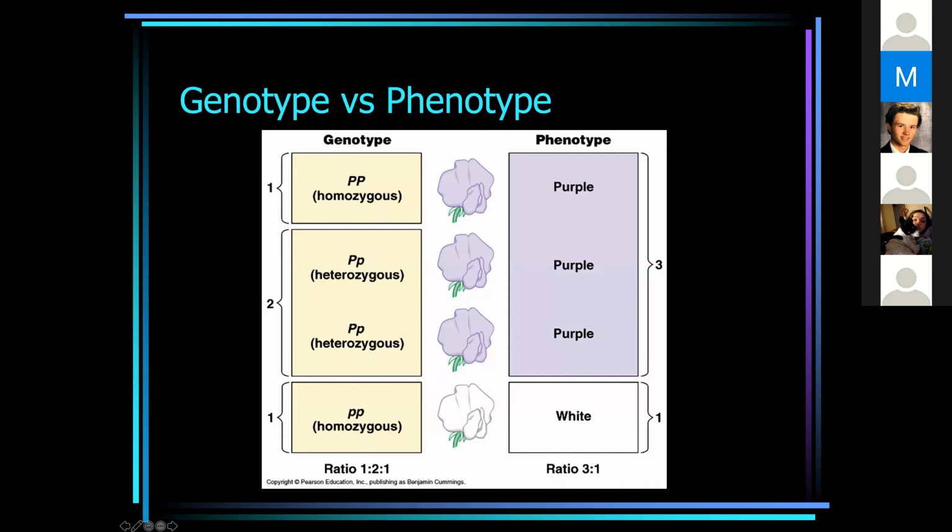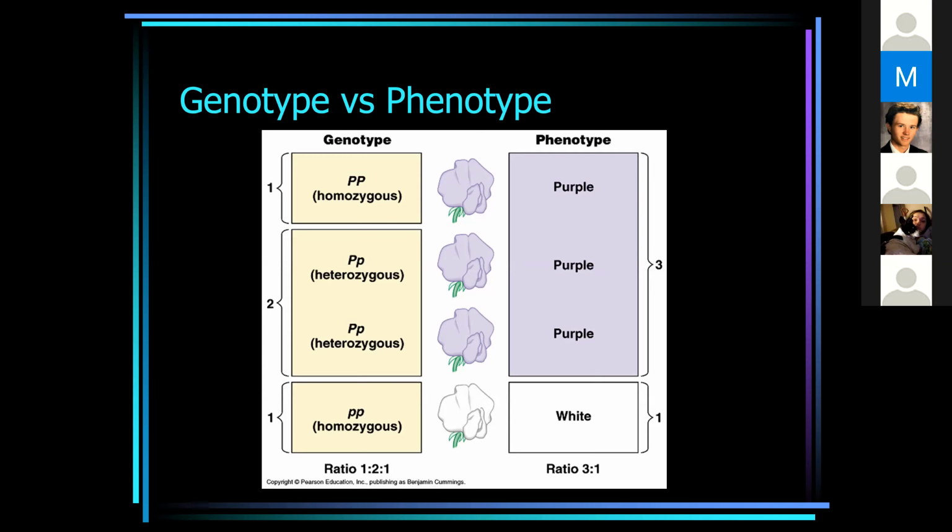Okay, genotype versus phenotype. We've mentioned this before, but the phenotype is what you see. And so in this case, what you see is 3 purple flowers and 1 white one, a ratio of 3 to 1. The genotype is a symbol for the genetic condition.